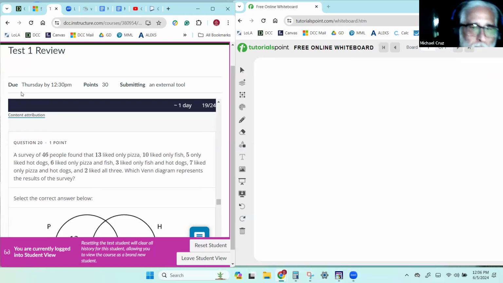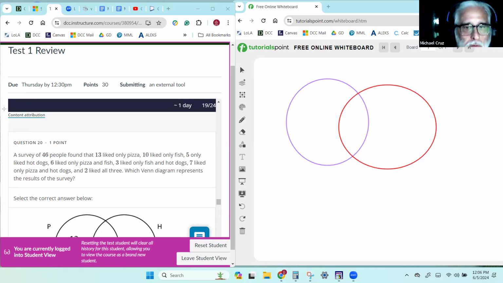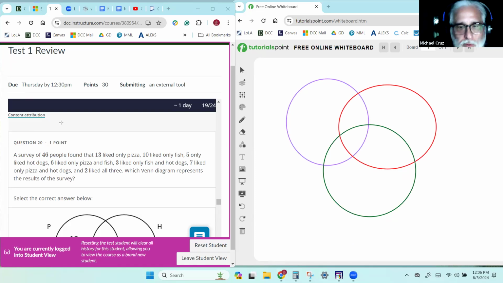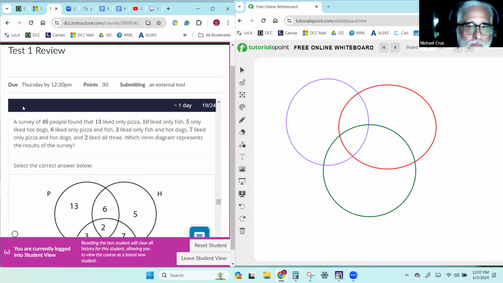Like I said, these take a long time. You can't really visualize this without doing a graph, because we want to make sure it's right. And I'm going to have the same order, so it's P, H, and F like that.